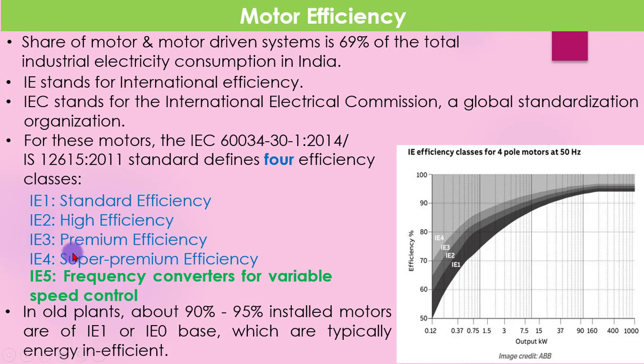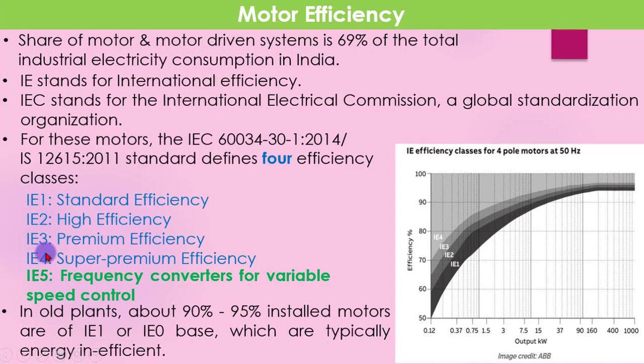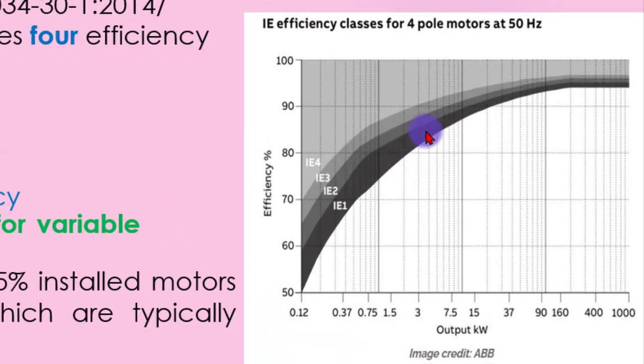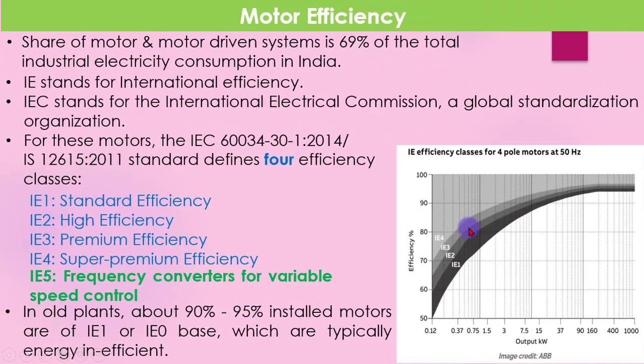The efficiency range of each class shows that the efficiency of the next series is better than the previous series. If you go through this curve of efficiency versus output in kilowatts, you see that IE2 is better than IE1, IE3 is better than IE2 and IE4 is better than IE3.